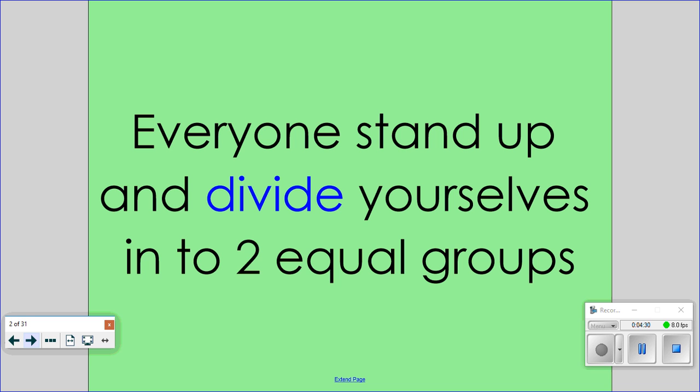I just counted everybody up, there's 16. 2, 4, 6, 8, 10, 12, 14. Now I don't know who I counted. 16. All right, start moving. 8 on that side and 8 on this side.